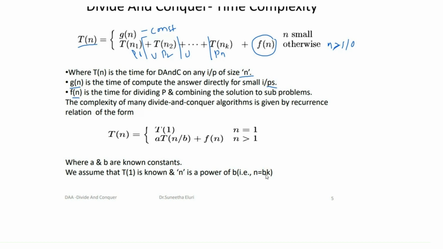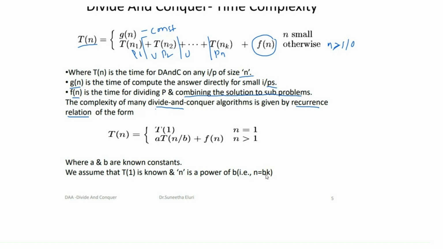So f of n is the time required to combine the solutions of the subproblems. The time complexity of divide and conquer algorithms is usually represented by recurrence relations, because the subproblem is the same as the original problem, so I can call the same solution but varying the size of the input.